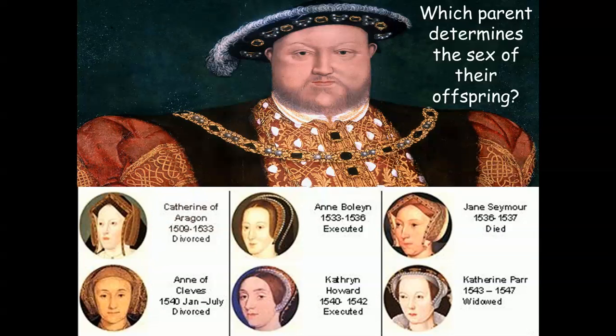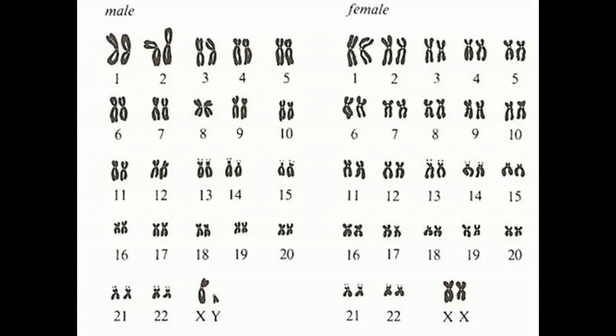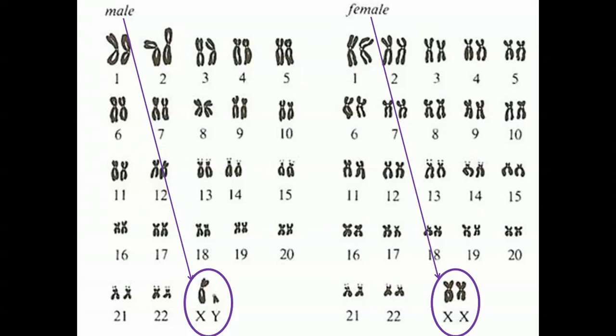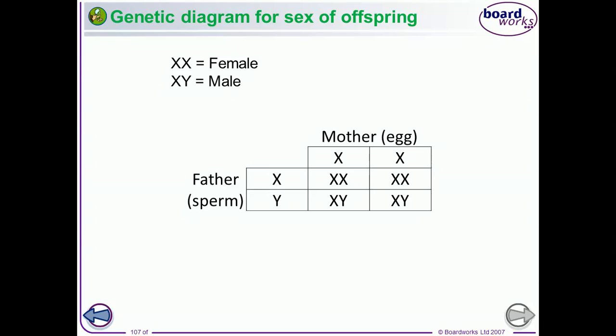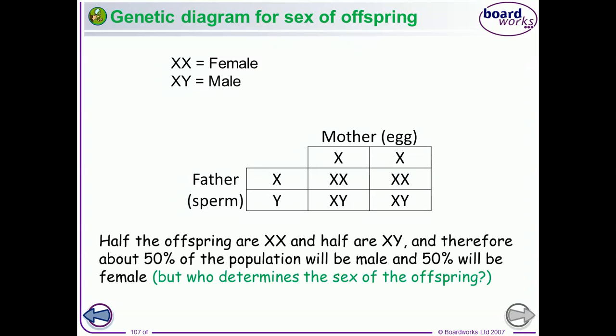Which parent determines the sex of the offspring? A male has sex chromosomes XY and females have the sex chromosomes XX. If you do a Punnett square for these sex chromosomes, you'll notice that 50% of them are XX and 50% of them are XY. And that's why 50% of the population is male and roughly 50% is female.